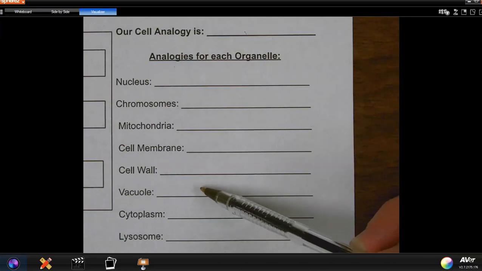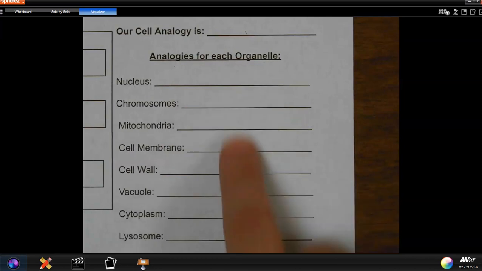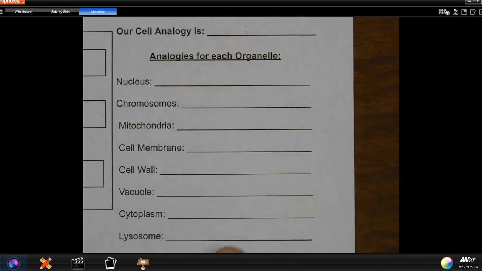Well, you can't use the refrigerator for both, so they had to discuss where refrigerator made the most sense for them. Okay? So once you finish, you can pause here until you've done your comparisons.